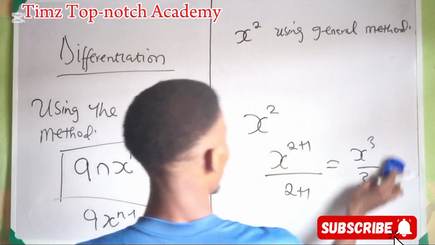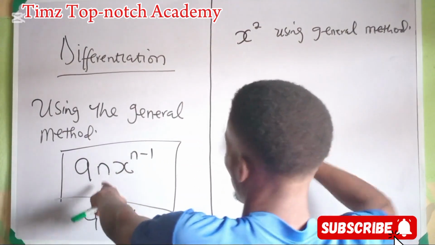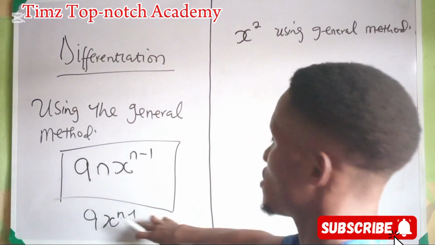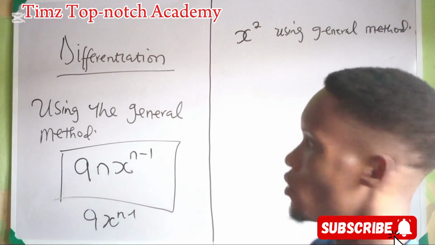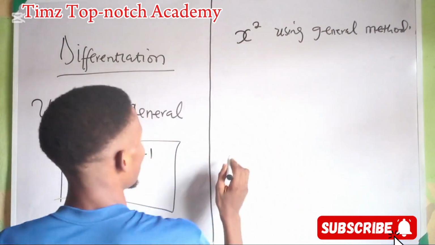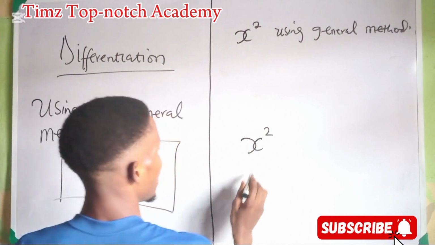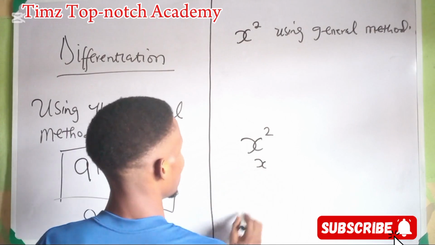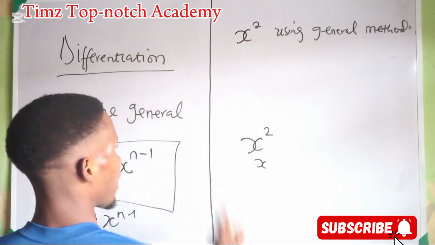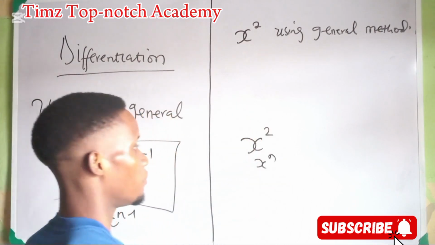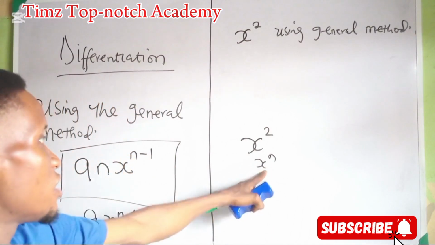So going back to differentiation, we apply this particular formula, which says a x raised to n minus 1, where we have this to be in this form, x squared. So this is a, this is x, and the power here is what is called n. Do you understand? This is the same as this.